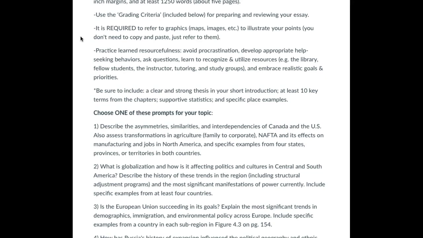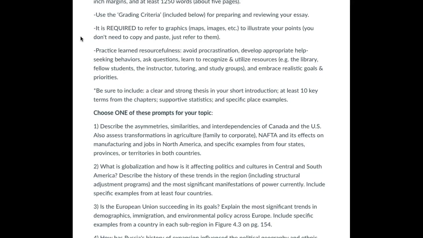This is a great way of showing that you've not only engaged with the reading, but that you're able to illustrate the point that you make by including a map or a graph or an image. And so this is really important, and my encouragement would be to try to include at least 2 of these for each of your main points.